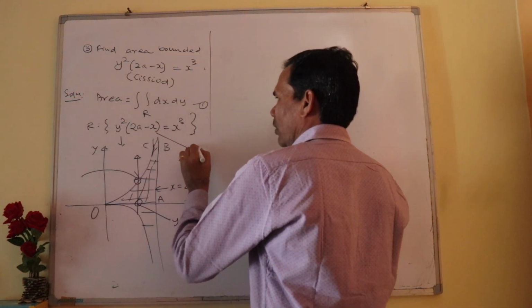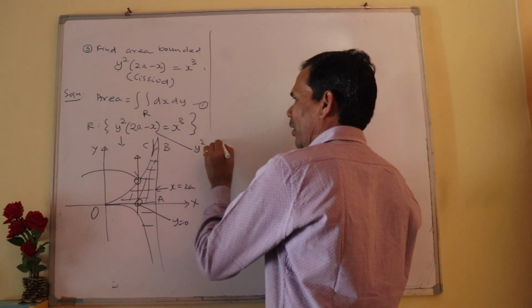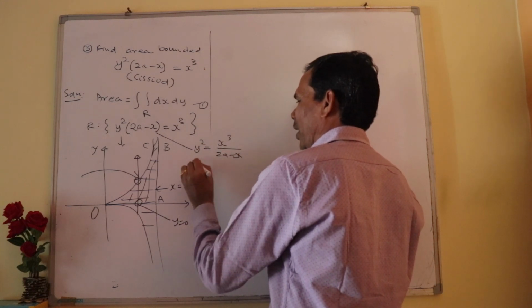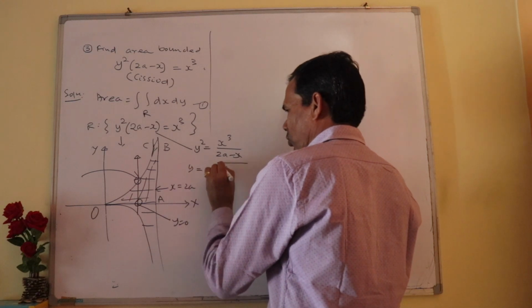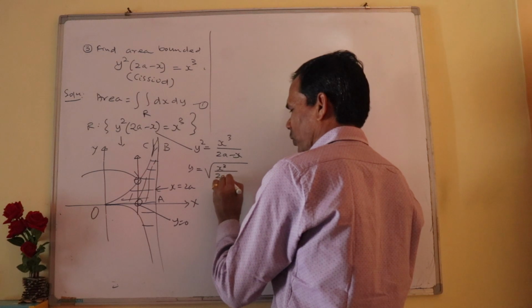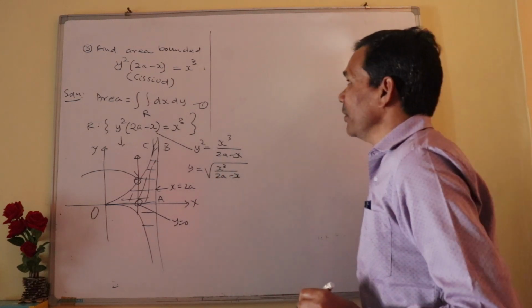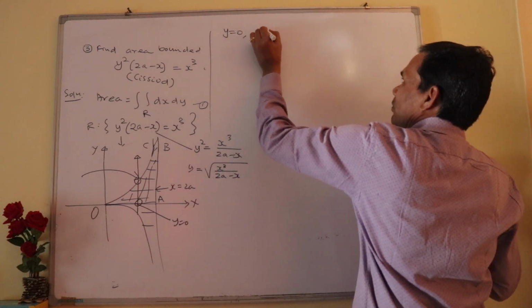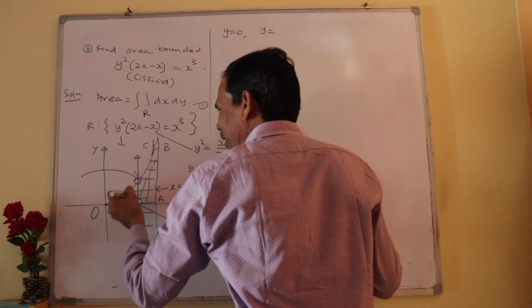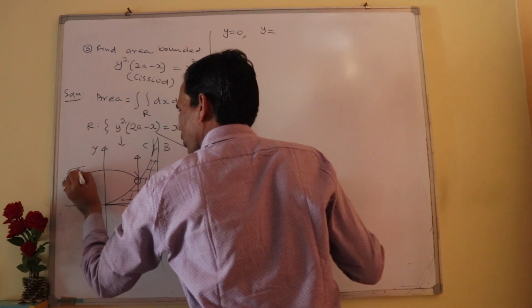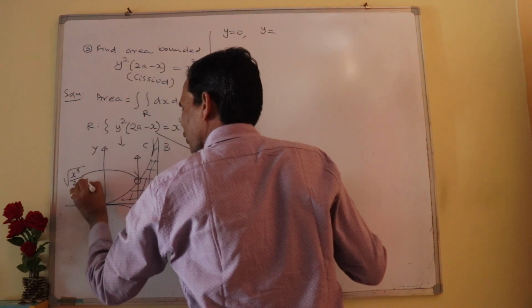So this curve y square is equal to x cube upon 2a minus x. So y is equal to the positive square root, in the first quadrant, of x cube upon 2a minus x.